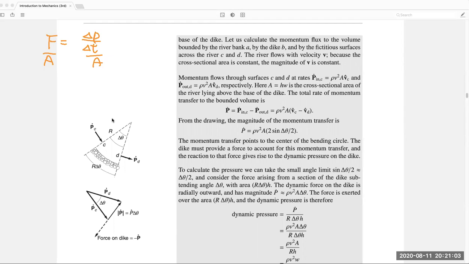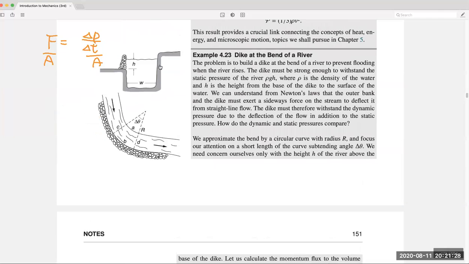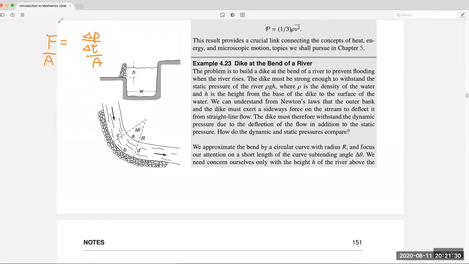Maybe you could have a look at the question. The area A here means the area of the cross section of the water flow. That means this area, okay, this area.